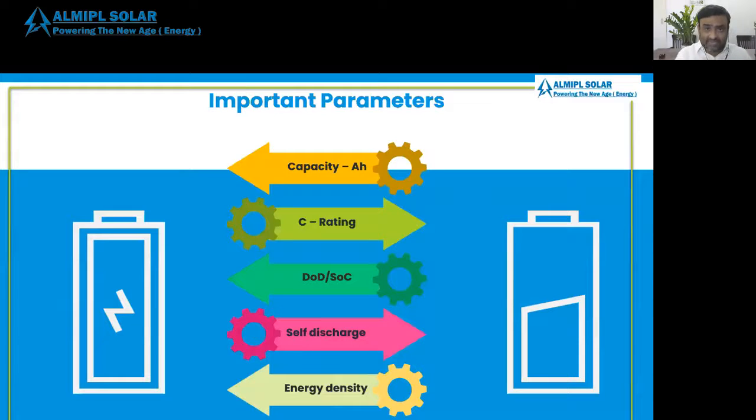C is a rating based on the capacity of storing, the speed of storing power and discharging the power. DOD is the depth of discharge. SOC is the state of charge. DOD minus SOC is commonly used for self-discharge.